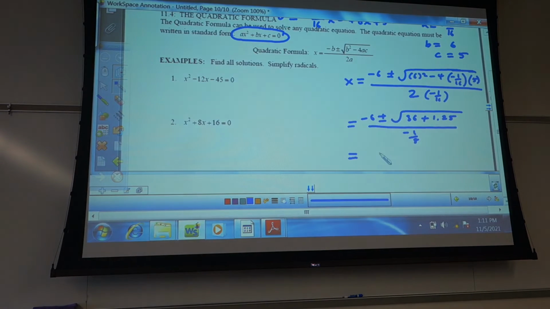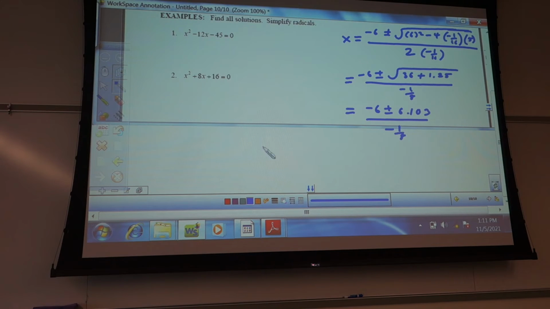So then we have negative 6 plus or minus 6.103 over negative 1/8. So I'm going to have two problems.